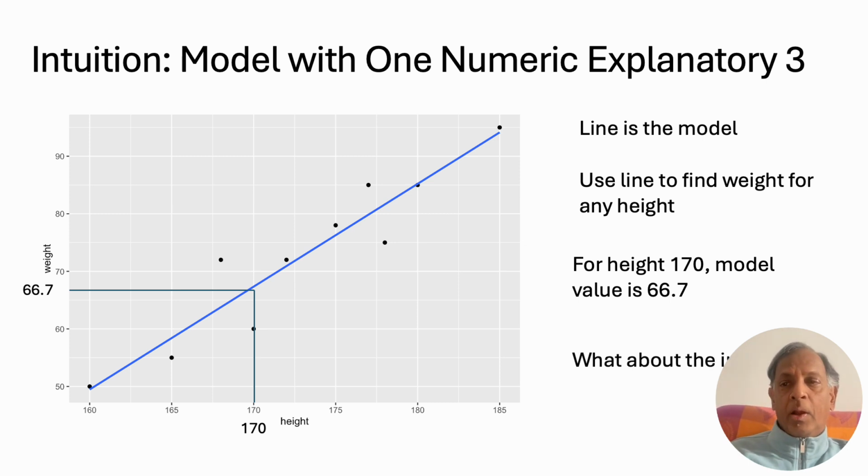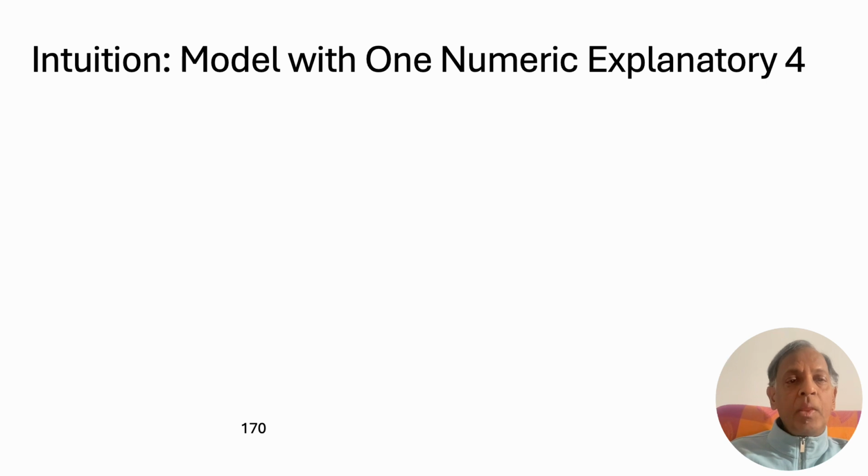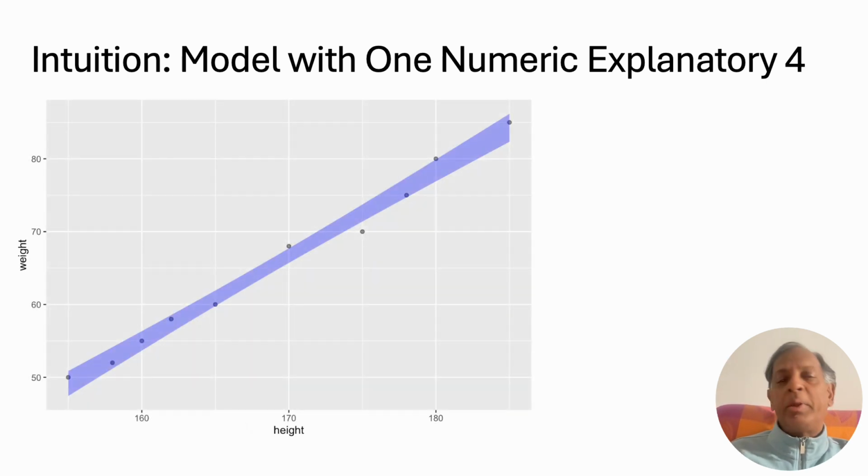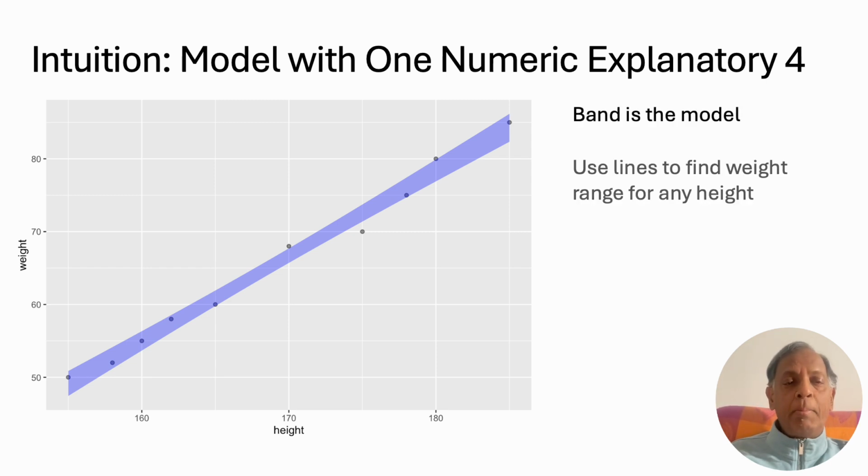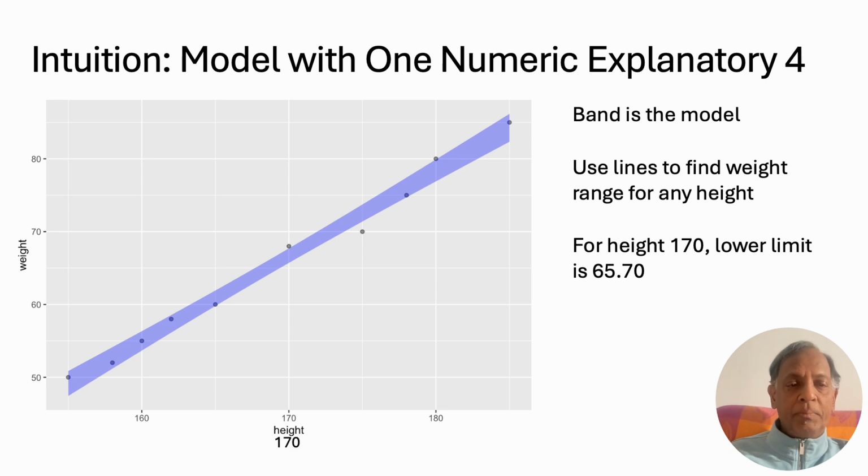Of course, statisticians are not going to be happy with just a single line. They want to give a range. So in that case, we develop a model with a band like this instead of a single line. Given the band, we can find the range for the model prediction. Again, we've got 170.